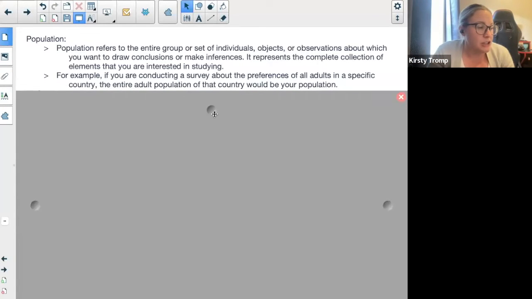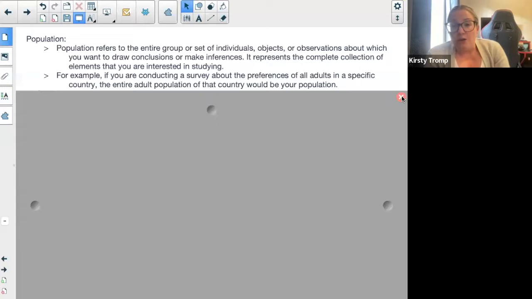If we're looking at a definition for that, for example, if you're conducting a survey about the preferences, their likes and their dislikes, of all adults in a specific country, the entire adult population of that country would be your population.